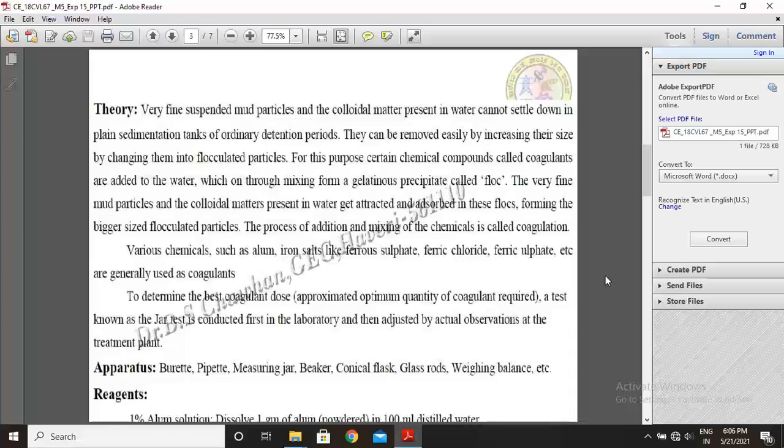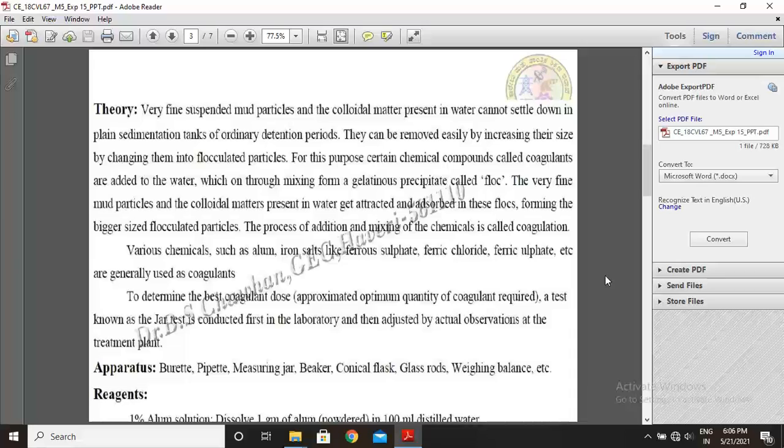So this is the main objective of this experiment, to determine the best coagulant dose, that is the approximate optimum quantity of coagulant required.